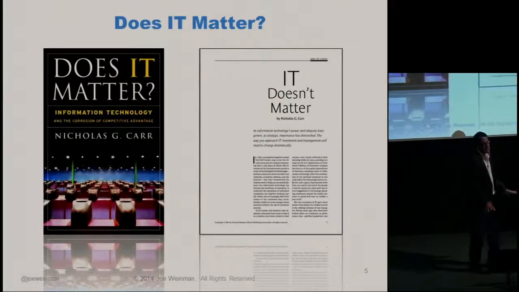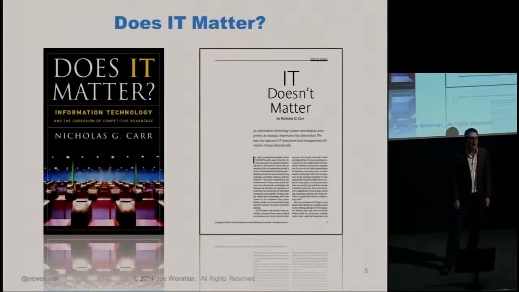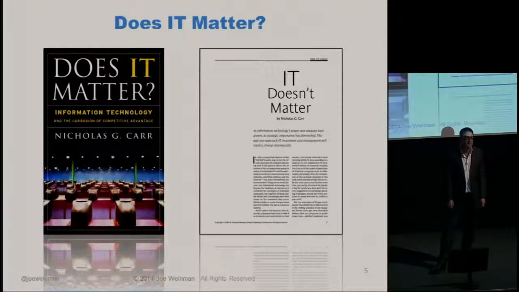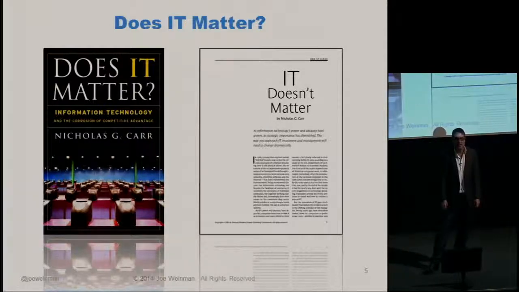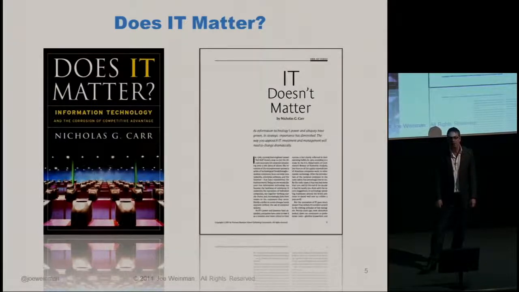His argument was IT has become ubiquitous. Anything that's ubiquitous is a commodity. Anything that's a commodity is non-strategic, and the only correct approach for non-strategic elements of a firm's cost structure is to minimize spend. Does IT Matter and IT Doesn't Matter are both extremely well-written books, or books and papers.